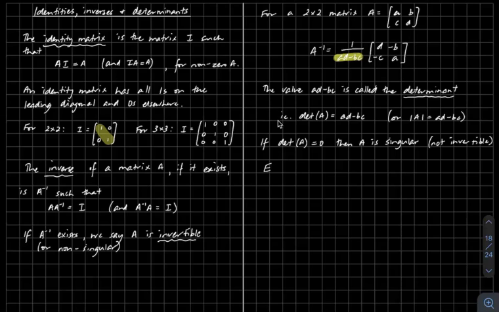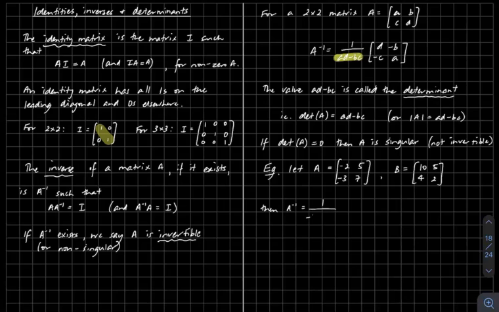So let's just quickly do an example here. So let's define a matrix A as -2, 5, -3, 7, and B can be the matrix 10, 5, 4, 2. So then we could say that A inverse is going to be 1 over the product of A times D, that would be -14, minus the product of B times C, which would be -15.